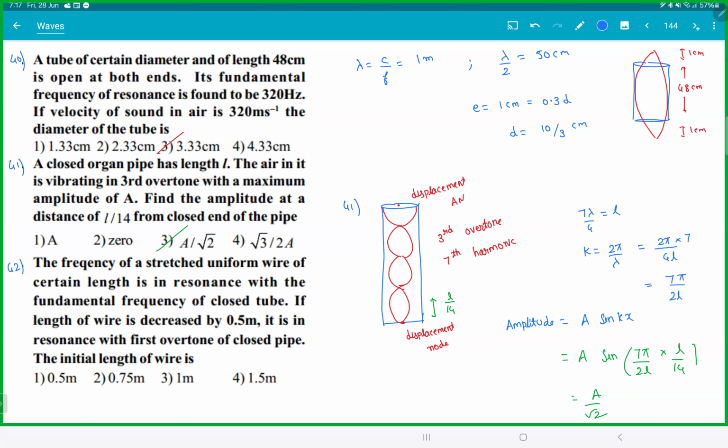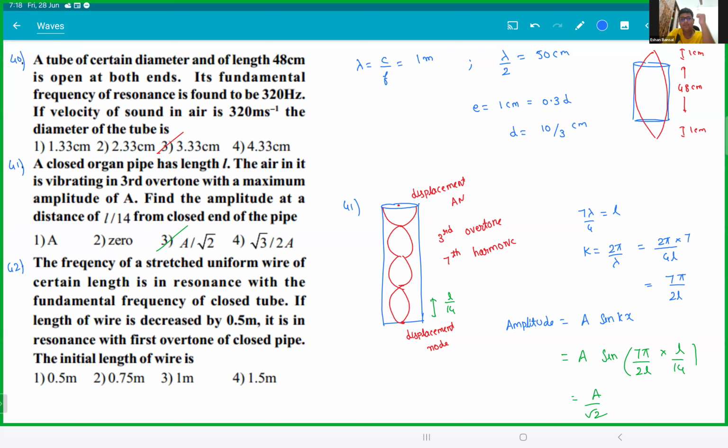Any answers? Try. Leave a minute or two. So the answer was coming negative.